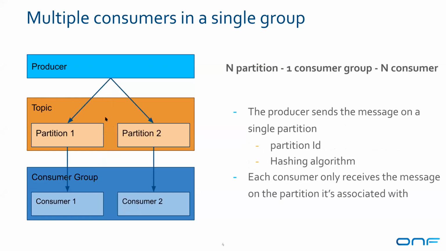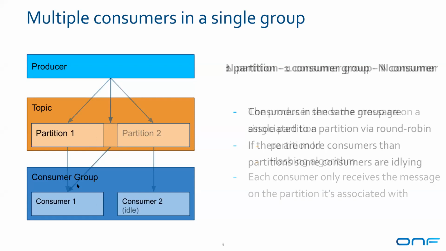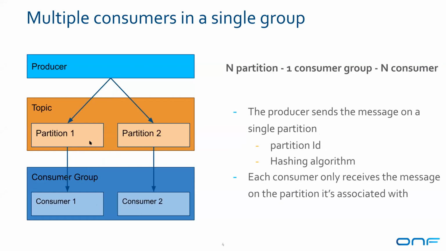When we have a number of partitions in a topic that is the same as the number of consumers, then all the messages that the producer sends to one partition will be delivered to one consumer, and same with the other.